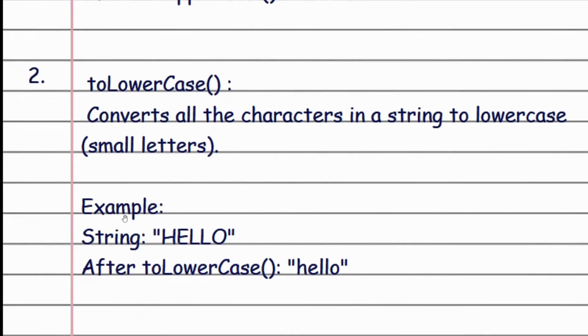I've taken one example here also. The string is hello and all the letters in hello are in capital letters. After applying this method, you can see all the letters are in small letters. So let's see one example.